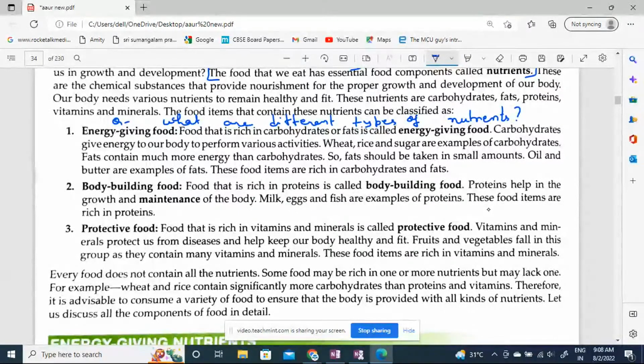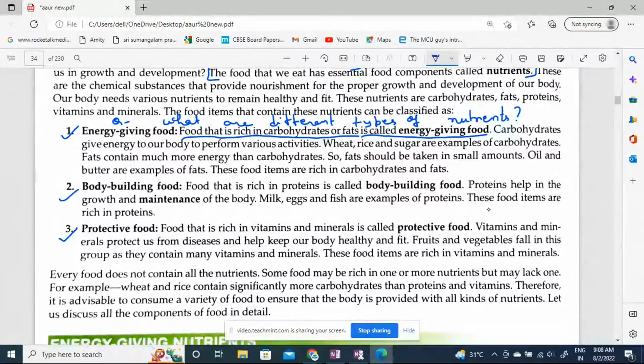So the answer is first energy giving food, bodybuilding food, and protective food. And what else you have to write in the energy giving food? The food that is rich in carbohydrates or fats. That means the food which provides us energy is called energy giving food. Mainly the carbohydrates and the fats provide us energy.